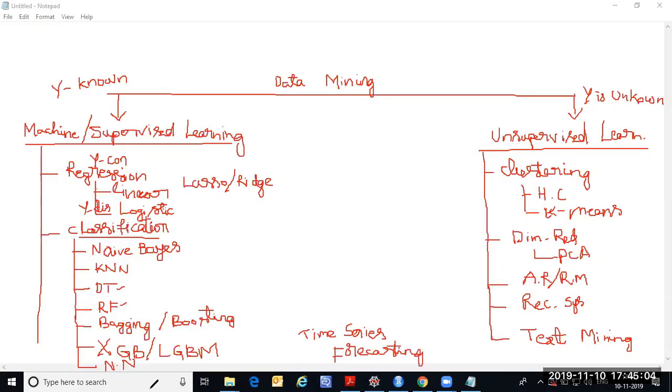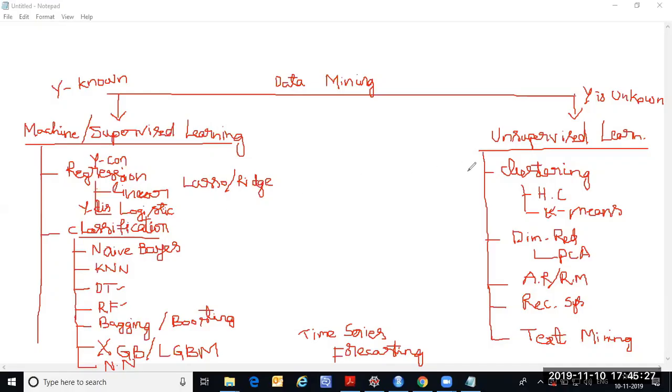And the sequence in which we are going to look at this. First, we will look into linear regression, logistic regression, and different flavors of these regressions. In linear regression, we will look into simple linear regression and multiple linear regression. In logistic regression, we will look into binomial logistic regression and multinomial logistic regression.